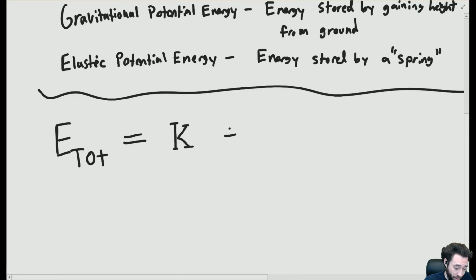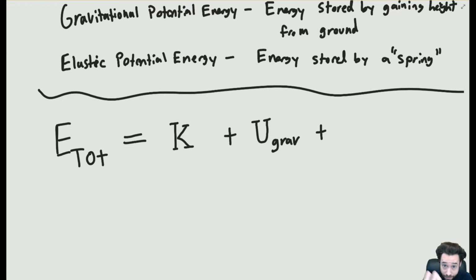And then that's going to be added to a capital U, and then I'm going to have grav for gravitational potential energy. And that's just a common notation. I'm not 100% sure why they use the letter U, but physics. And then we're going to have U elastic.